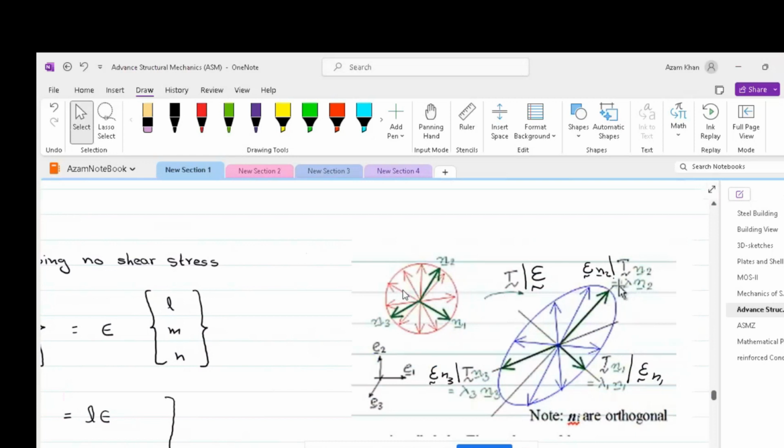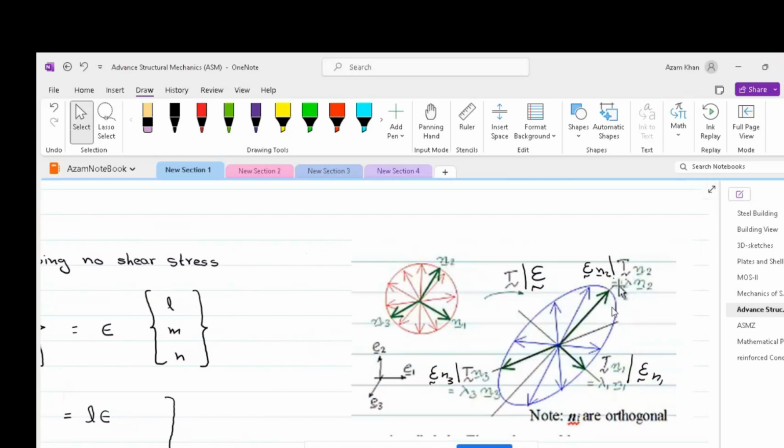Now, if load is applied, these vectors would change their direction and the magnitude of these vectors would also change. Thus, instead of these vectors being arranged in a sphere, they will form an ellipsoid because some of the vectors would get squished, some of the vectors would get stretched, and some of the vectors would change their directions.